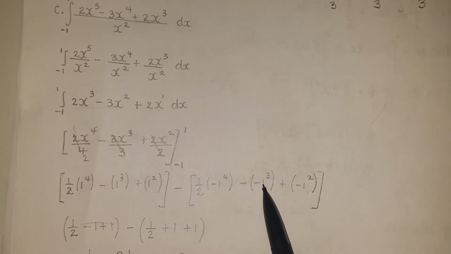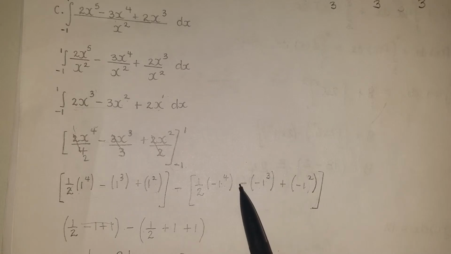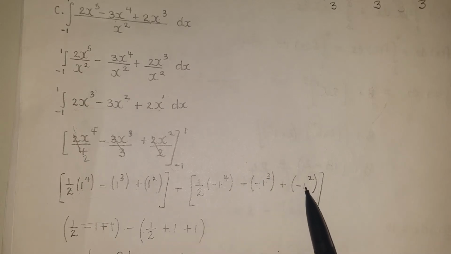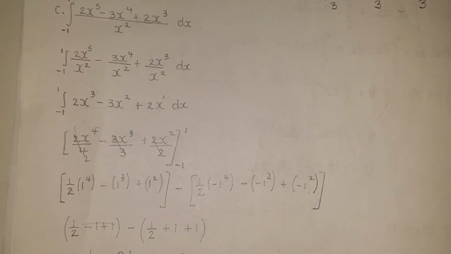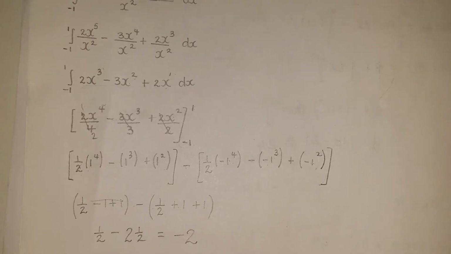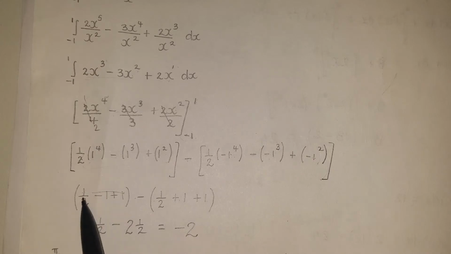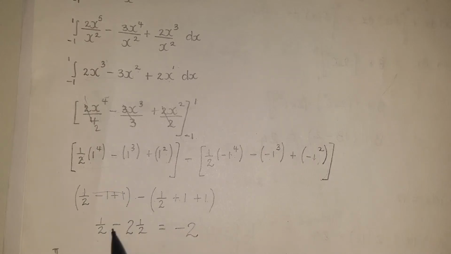Negative 1 cubed is a negative 1, so minus negative 1 makes this a positive 1. And if I square negative 1, I also get a positive 1. So now we have half from this upper bracket minus 1 plus 1 plus half, 2.5 in our lower bracket. So half minus 2.5 gives us a negative 2.